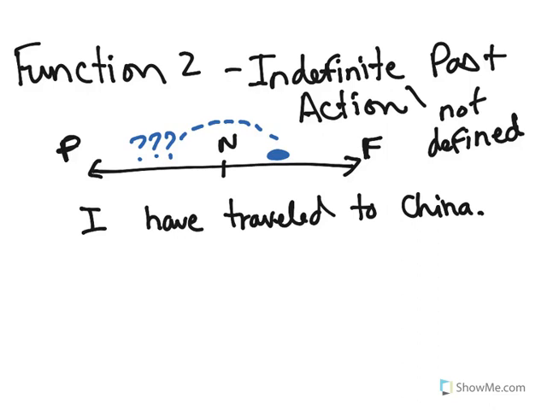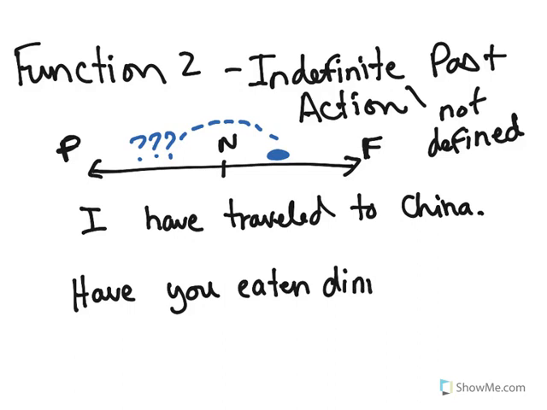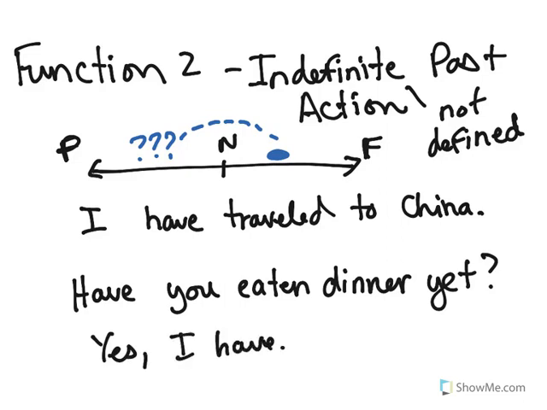Or to give you another example, let's say that I come home from work, and I'm hungry. So I say to my husband, have you eaten dinner yet? Okay, have you eaten dinner yet? And then he either says, yes, I have, or he says, no, I haven't.